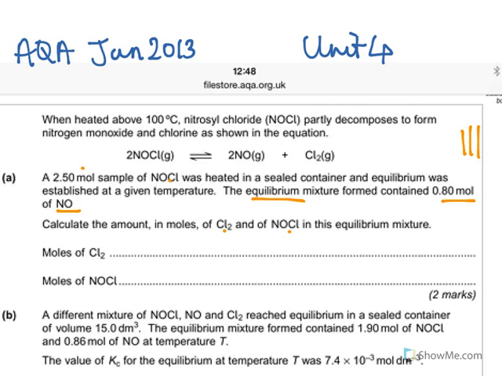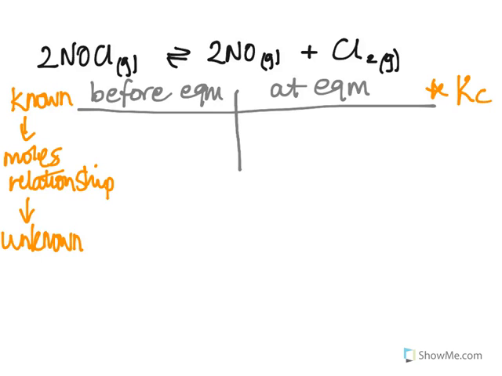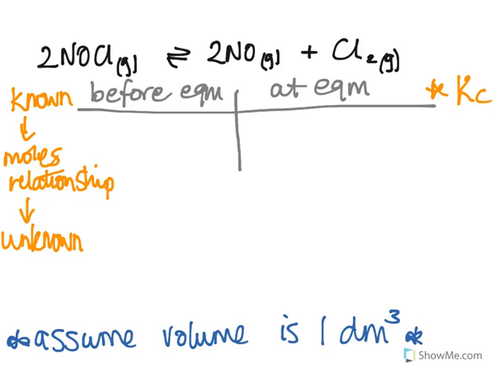So the first thing we can do is assume that the volume is 1 decimeter cubed, and this will allow us to work directly with the number of moles without having to worry about what the actual concentration is. Of course, if they give us a volume, which they do later in the question, then we have to work out the actual concentrations.